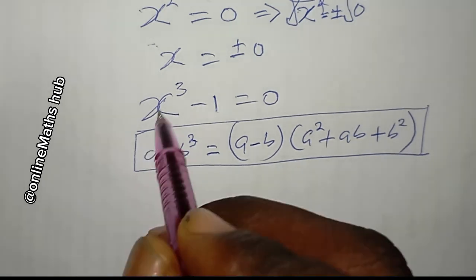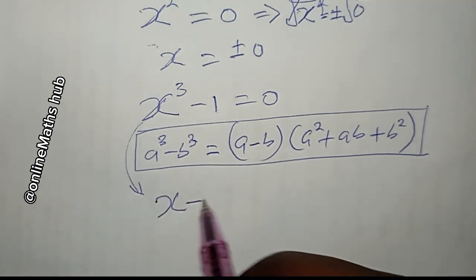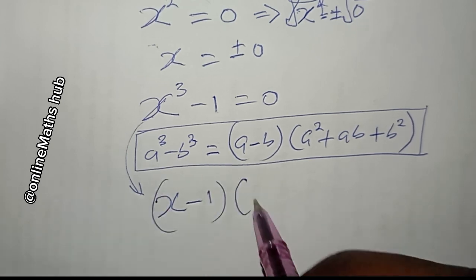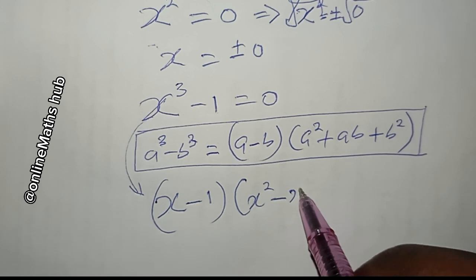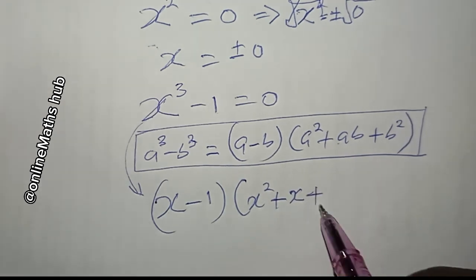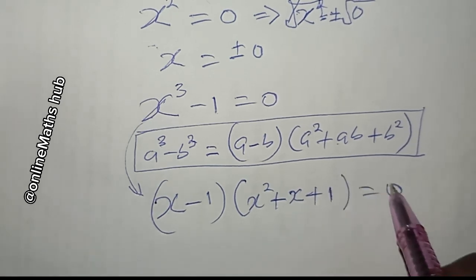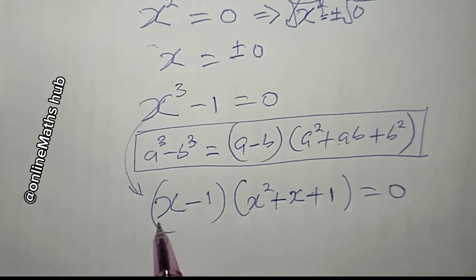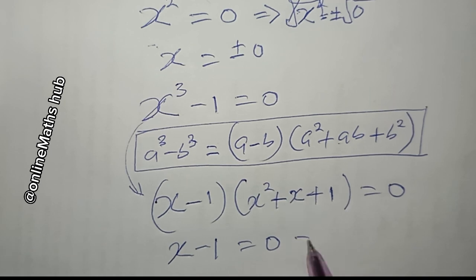Okay, so moving on, this will change to x minus 1, and then x squared plus x times 1, which is x, this is plus ab, and then plus 1 times 1 will give us 1. Of course it's still equal to 0, which implies that from here x minus 1 is equal to 0, which of course implies that x is equal to 1.